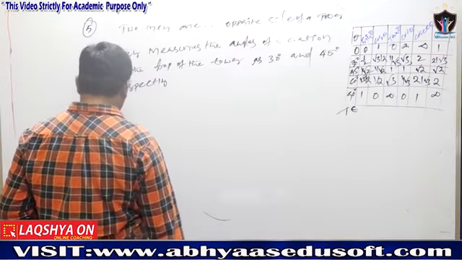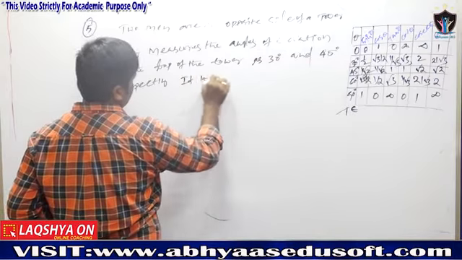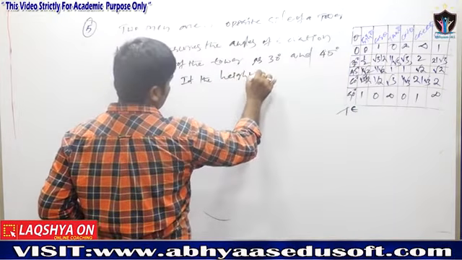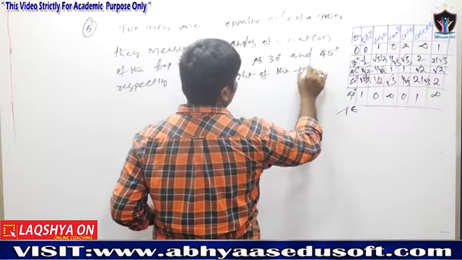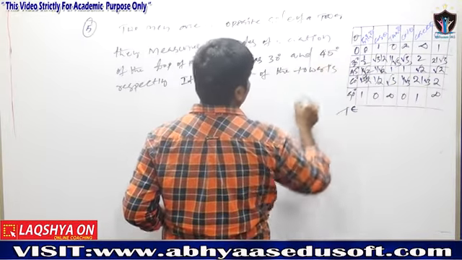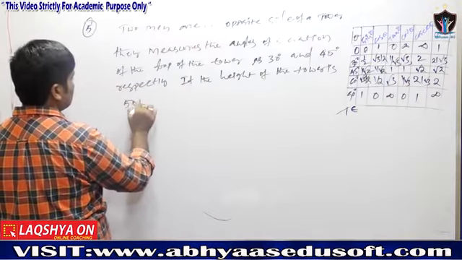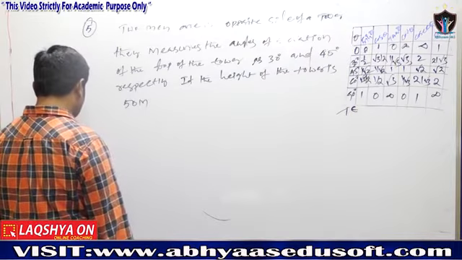If the height of the tower is 50 meters, then find the distance between the two men.